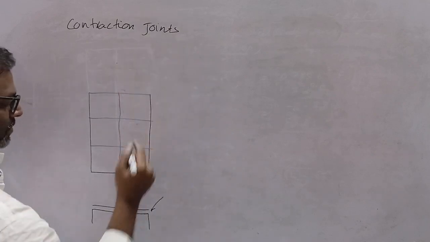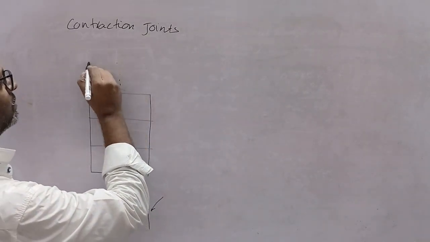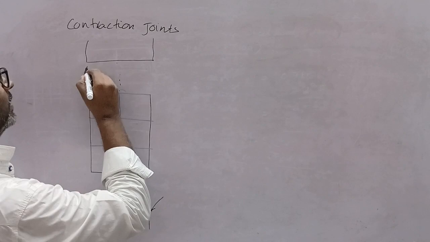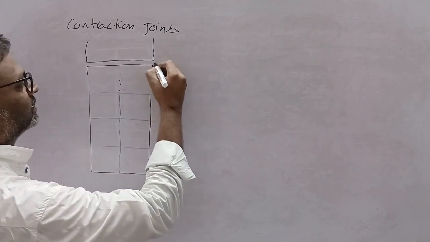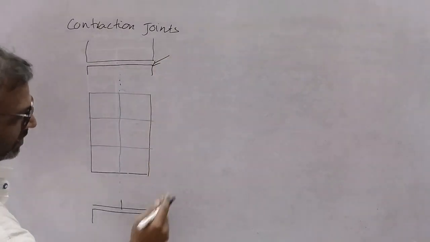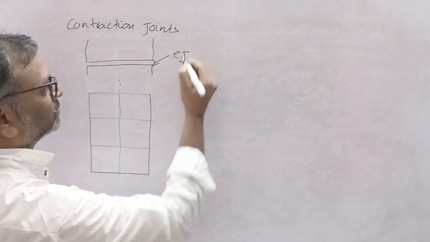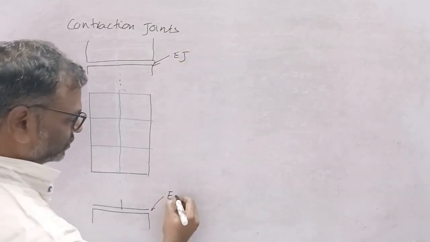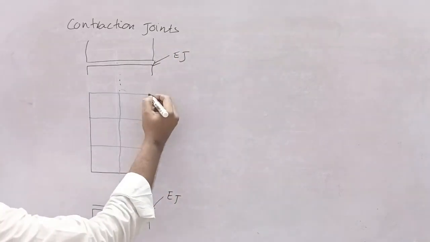So you can observe while traveling you will get a sudden jerk because of the gap that is there here. So we have expansion joints after a few contraction joints. So all these are contraction joints.